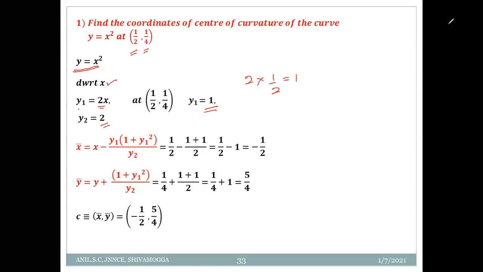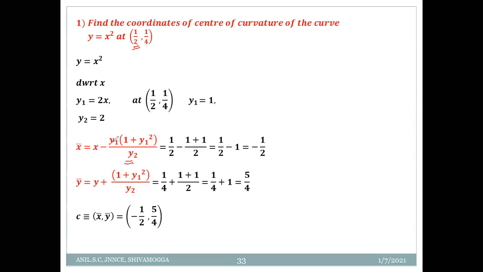Now we find the center of curvature, given by x bar comma y bar, where x bar is x minus y1 into 1 plus y1 square divided by y2. This is the expression to find x bar. Substitute x, here x is equal to 1 by 2. This is x and this is y.